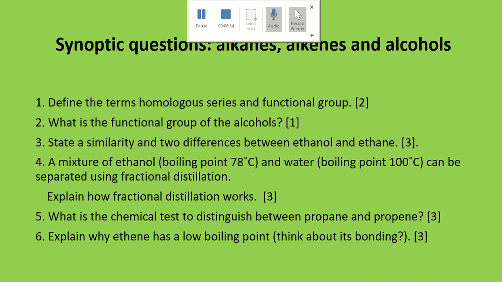Okay, so now's your opportunity to pull together all of our knowledge of alkanes and alkenes from Year 9 and alcohols from Year 11. So you've got a series of questions on your screen. I would like you to answer them and then unpause the video and you can see all of the answers.